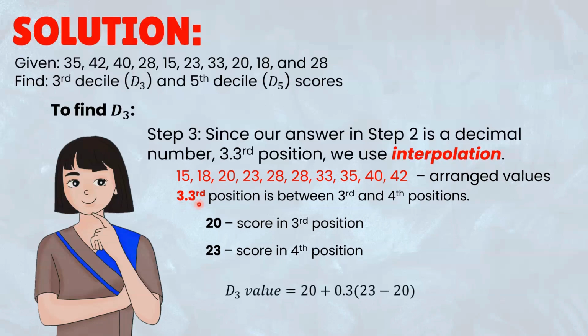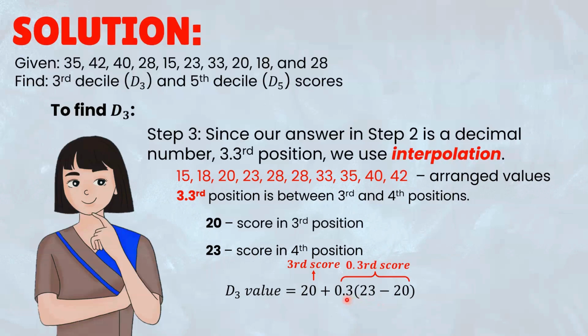Thus, our decile 3 value is equal to 20 plus 0.3 times the quantity 23 minus 20. 20 here is our third score, and 0.3 times the quantity 23 minus 20 corresponds to our 0.3 score.